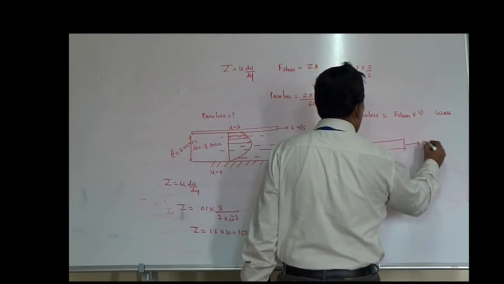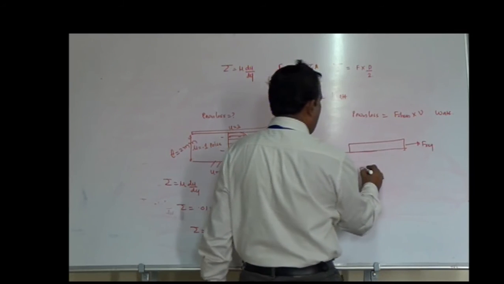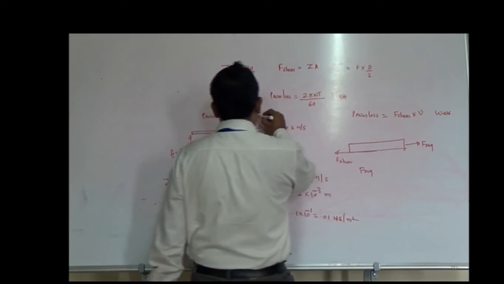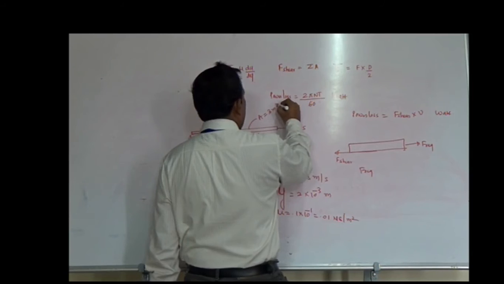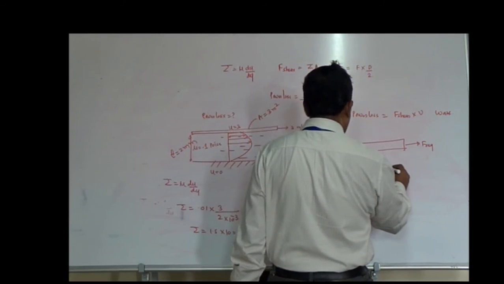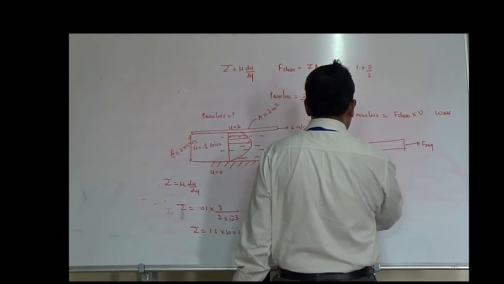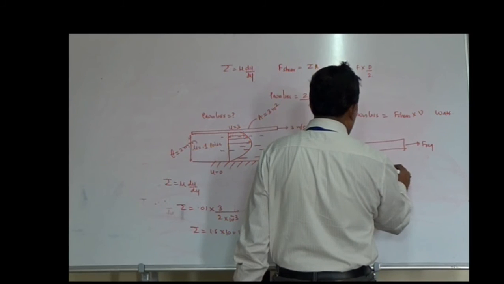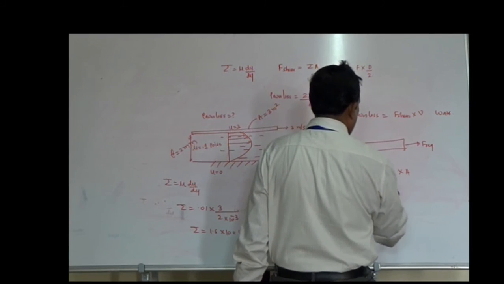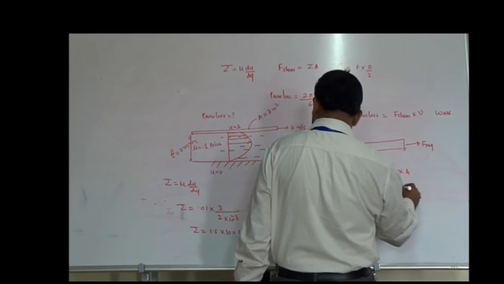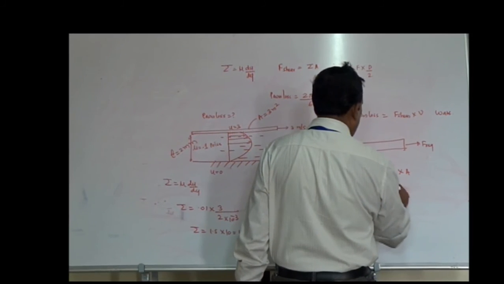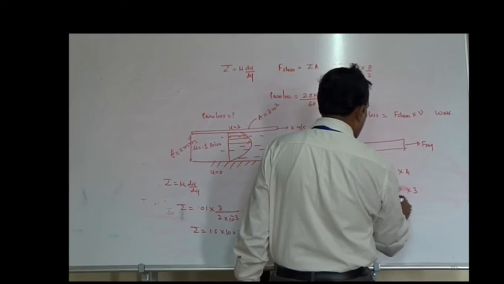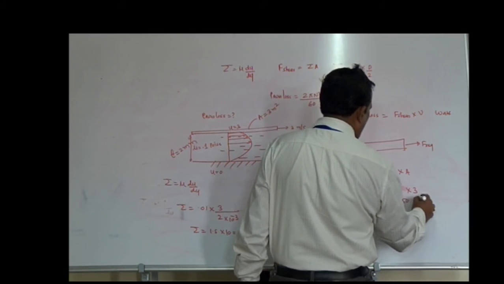So the force required, suppose the area of cross section is 3 meter square, is equal to the shear force, that is tau into area. Tau is 150 into area 3, that is 450 Newton.